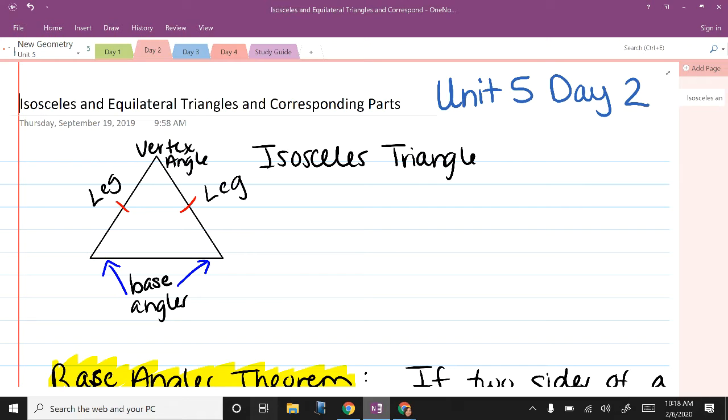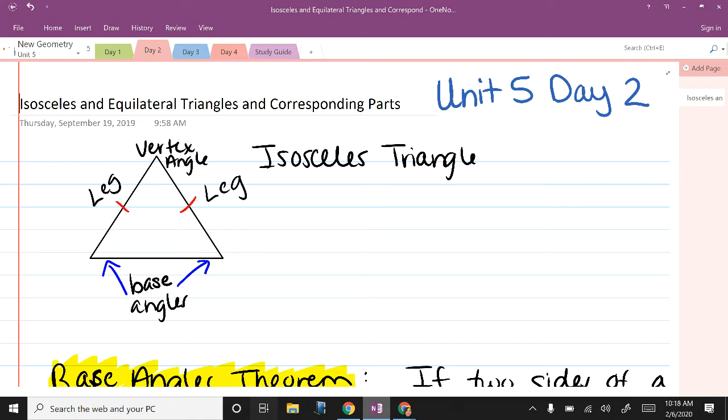So today we're going to focus, for a little bit, on isosceles triangles. And we said that isosceles triangles have 2 sides congruent. So if you look at this picture right here, those red tick marks are showing those 2 sides have equal measures, correct? Okay, so those are called the legs of an isosceles triangle. The 2 sides that are congruent are called legs.